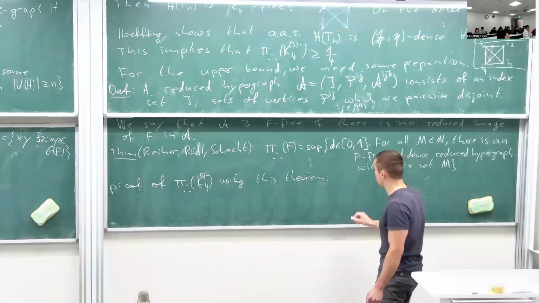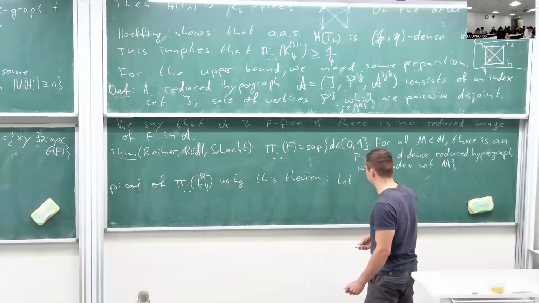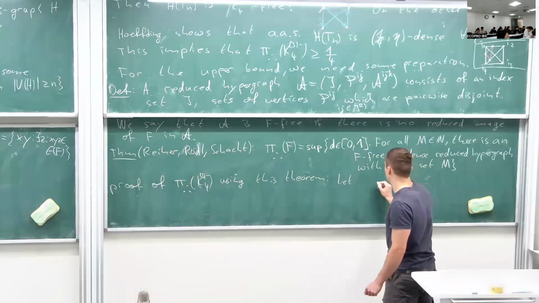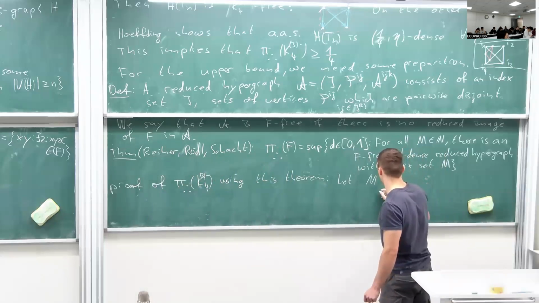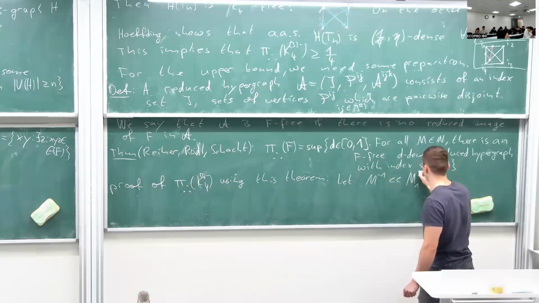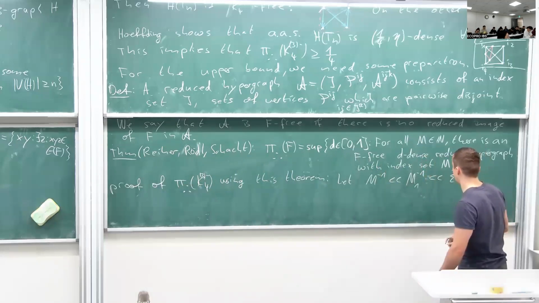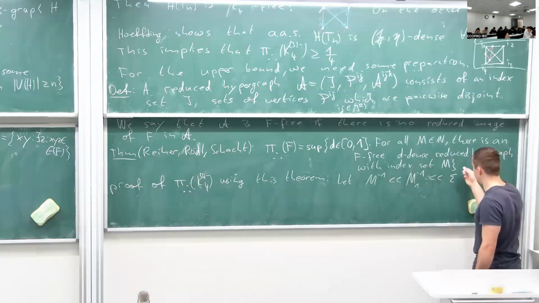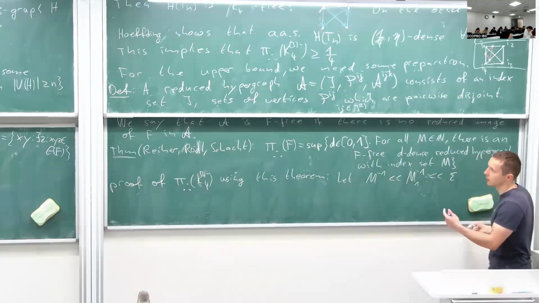Okay, so first let's fix some hierarchy. So let M be the last constant that we choose. Then we maybe have some M1, and then our epsilon. We can also assume that epsilon is much smaller than 1.